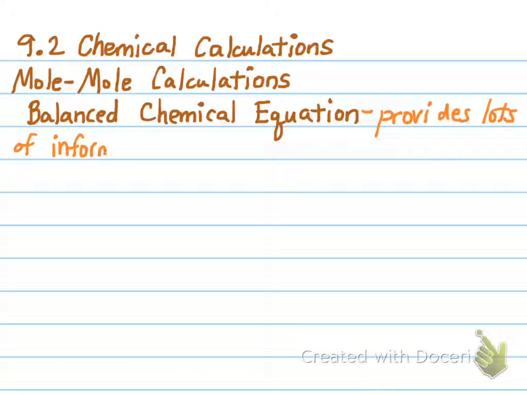Remember that we can interpret our balanced chemical equation in terms of particles. We can interpret our balanced chemical equation in terms of moles. We can interpret our balanced chemical equation in terms of mass or weight. We can interpret our balanced chemical equation in terms of volume.